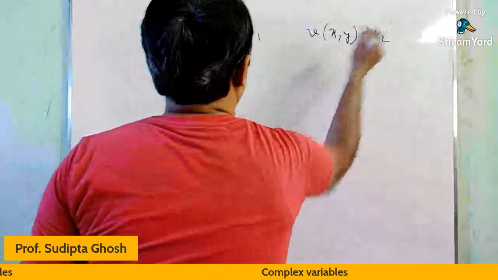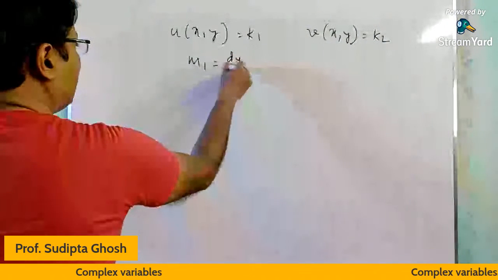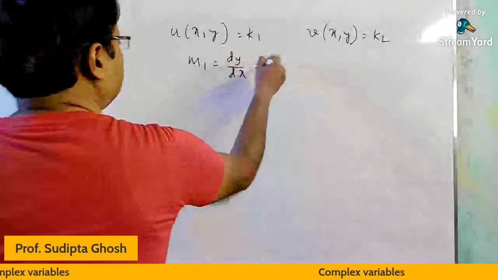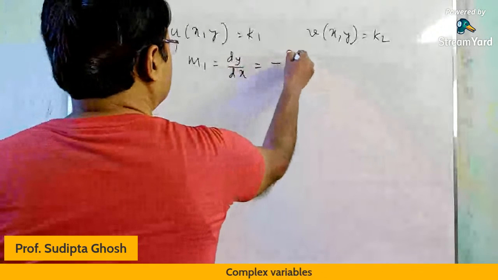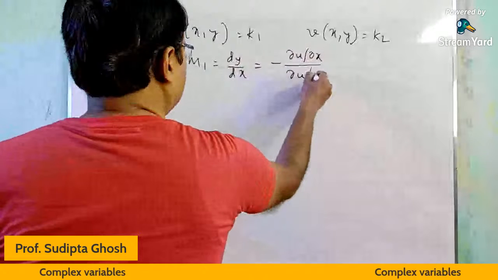If m1 is the slope, that is dy dx, it equals minus del u del x by del u del y.